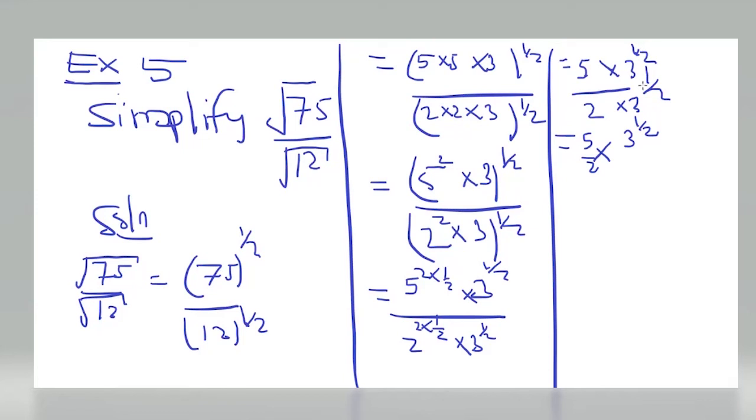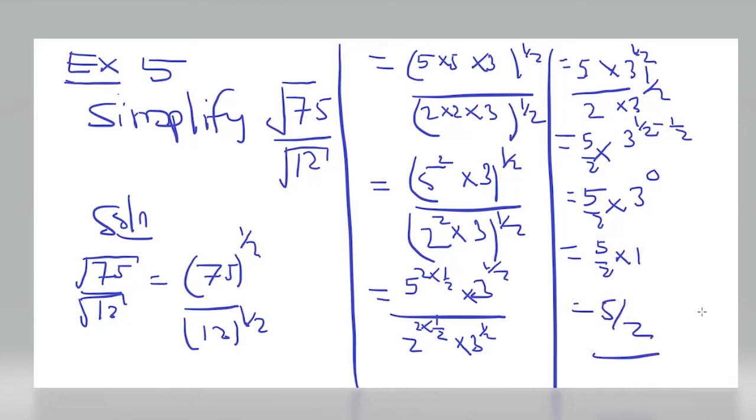The top power minus the bottom power gives power minus a half. If you have not understood this concept, please visit my previous sessions to understand what I've done there. It's the law of division of exponents. Now 3 power a half minus a half is 3 power 0, and any number power 0 is 1, therefore 5 over 2 times 1. This is equal to 5/2, which is the answer to that question.